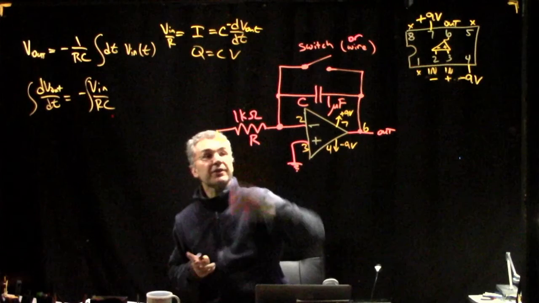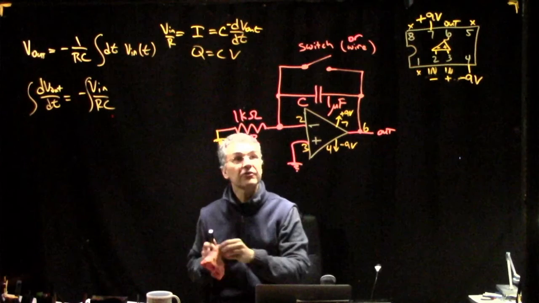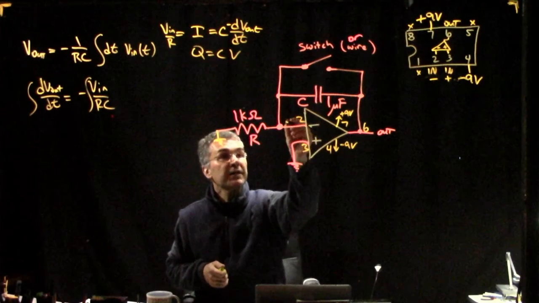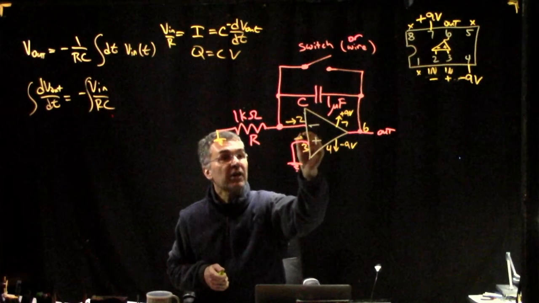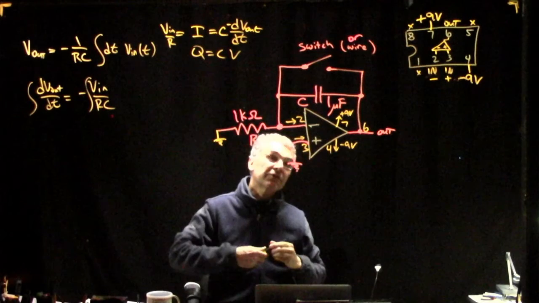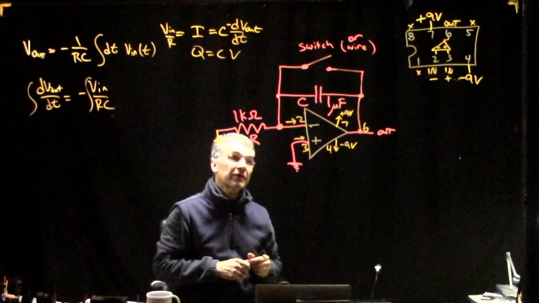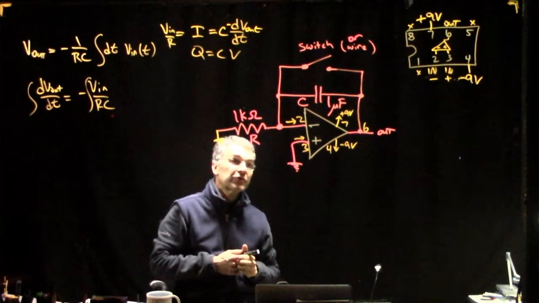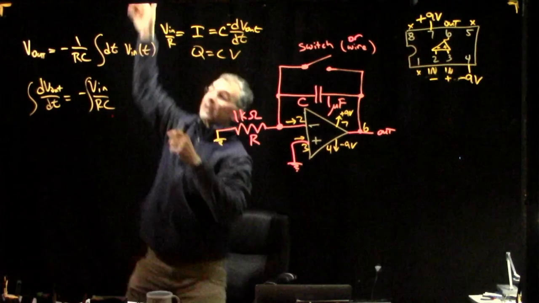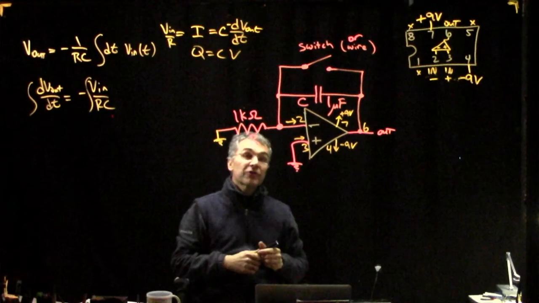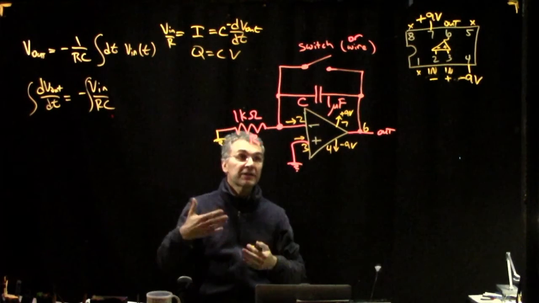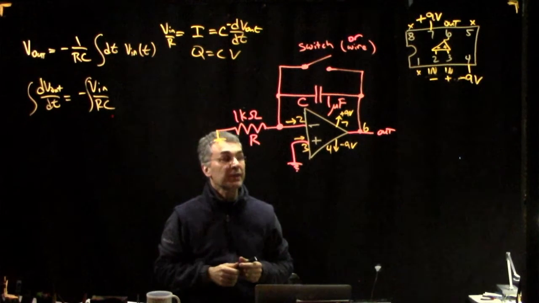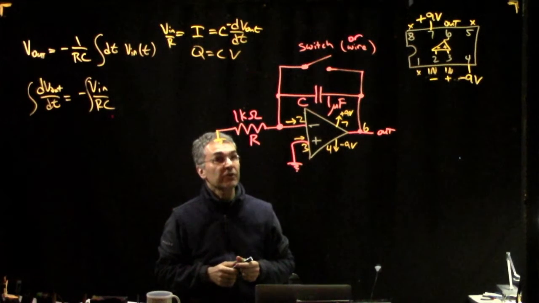There are two main effects. One is that there's this current called I bias. It's because the inputs of this 741 op-amp are the base electrodes of bipolar junction transistors. In order for those transistors to be on, the base has to draw a little bit of current, in the microamp or fraction of a microamp range.